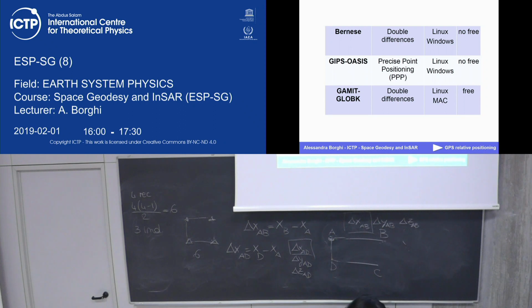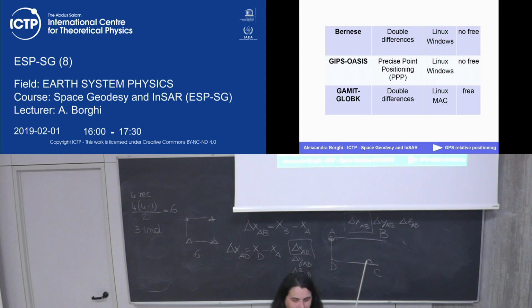I skipped this slide before, but in this slide are presented the most used scientific software to process data. As you can see, most of them are using double differences.